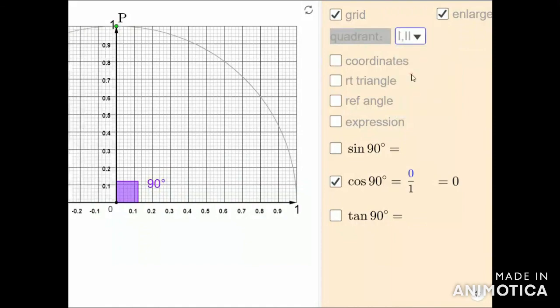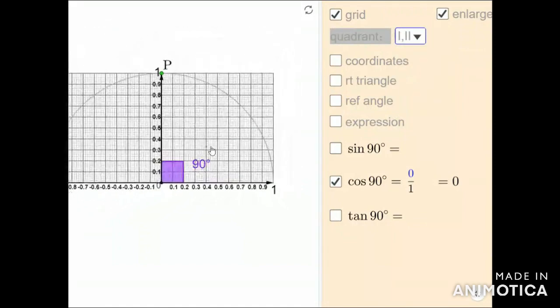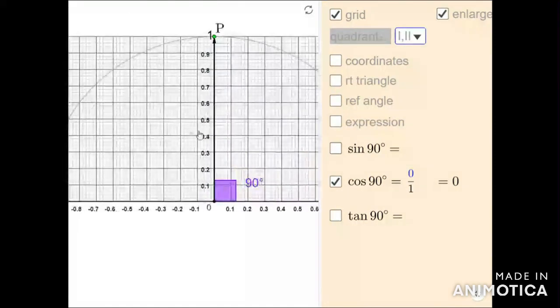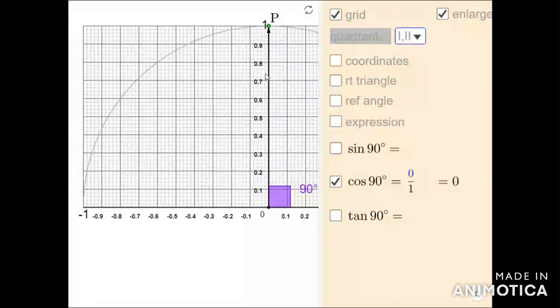If you come to the second quadrant, what happens, you observe. In the second quadrant, the x coordinate is negative.